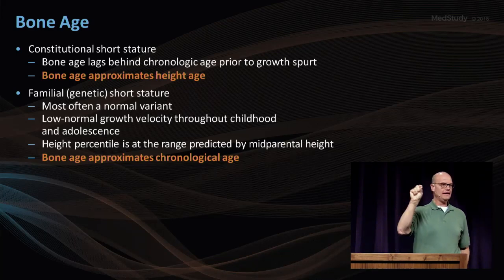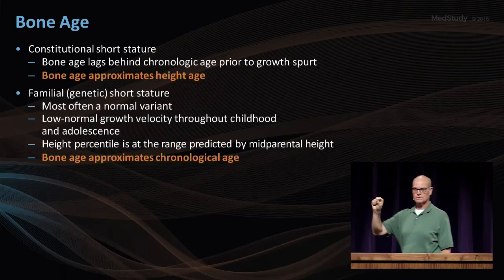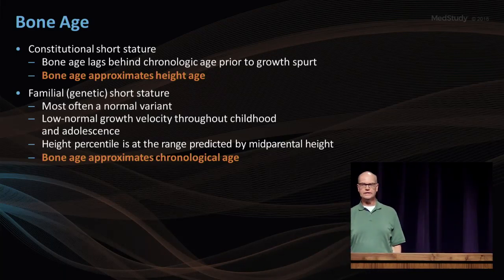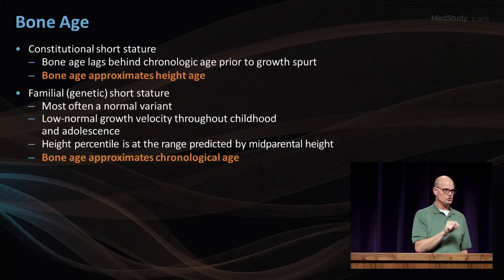So if my current height is in the 10th percentile on the growth chart, I move back until I hit that age on the growth chart where now my current height is at the 50th percentile. Does that make sense? Okay? Because the height age is really an important concept. And height age equals bone age equals constitutional short stature.